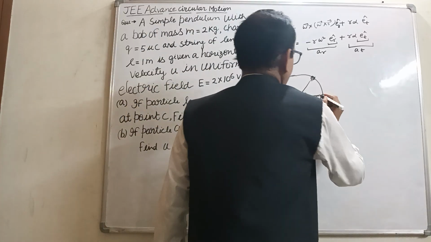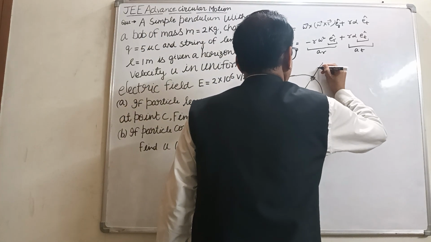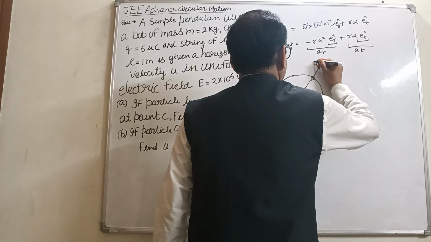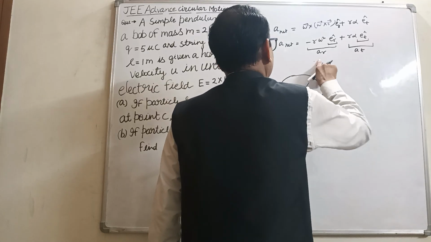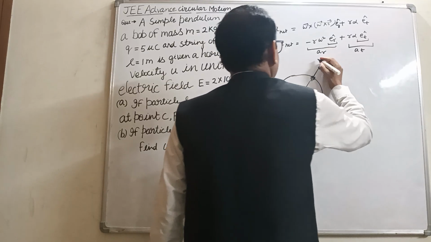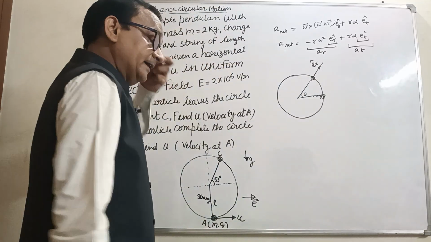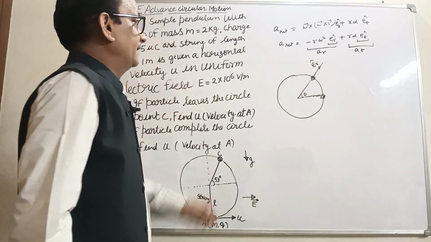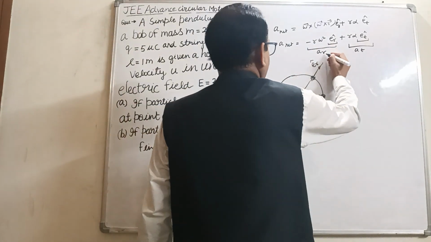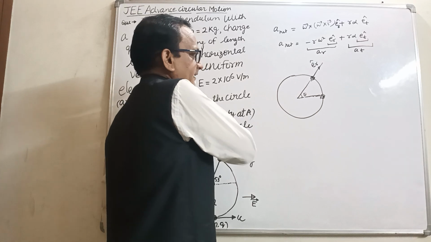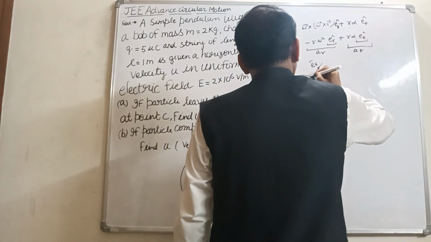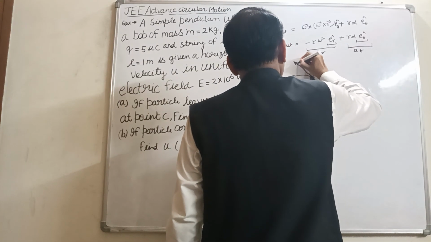So this would be the radial vector, in this direction. This is the radial vector for the centripetal acceleration, and this would be the velocity.